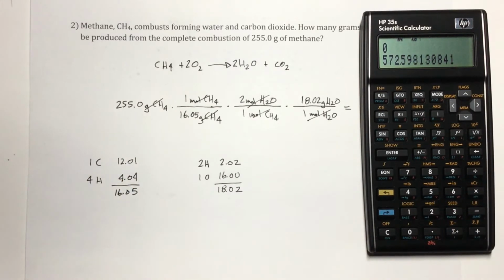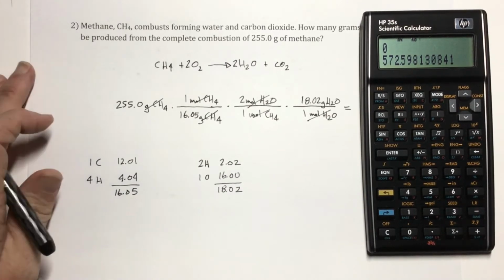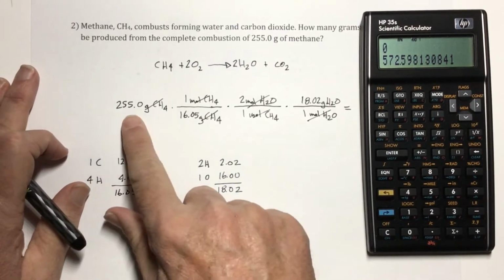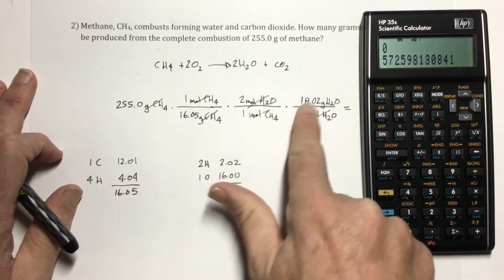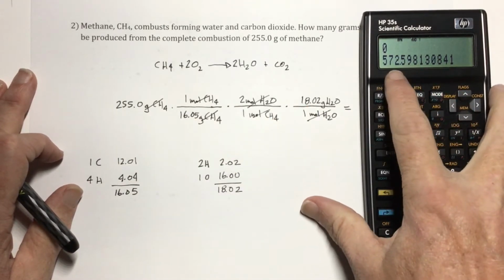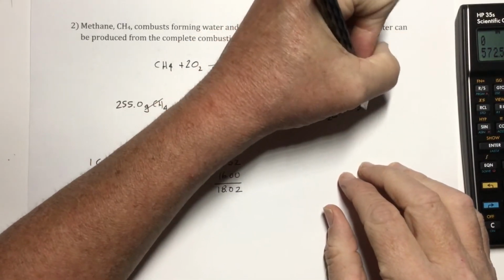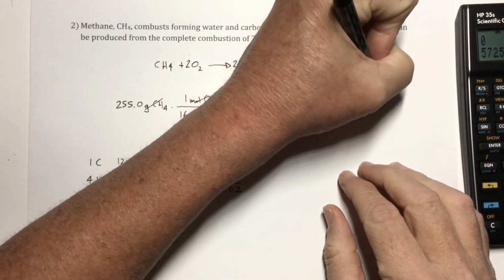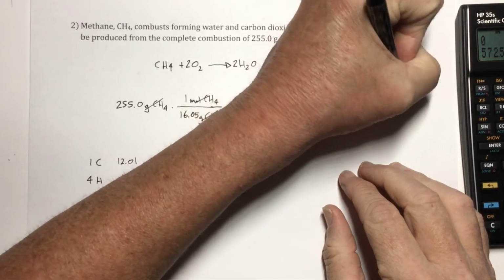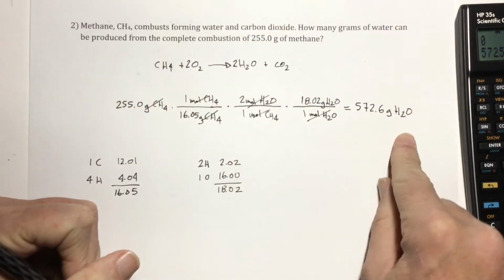Now, my calculator screen is showing me 572.59, and I should have 4 sig figs. So I will put 572.6. 572.6 grams of H2O. There you go.